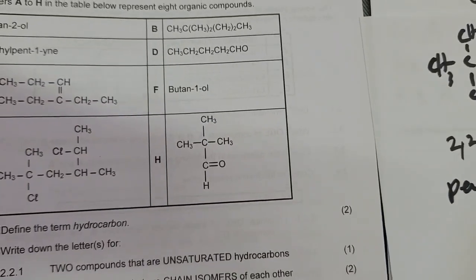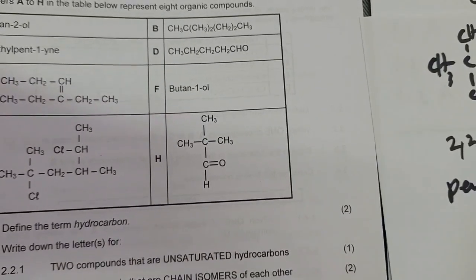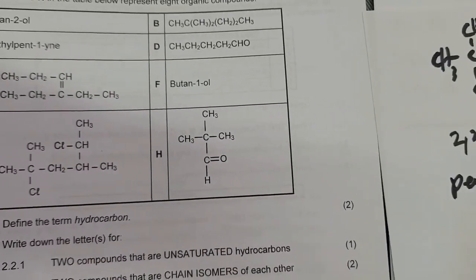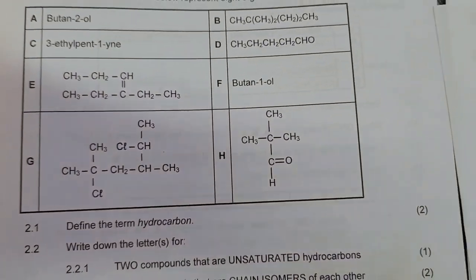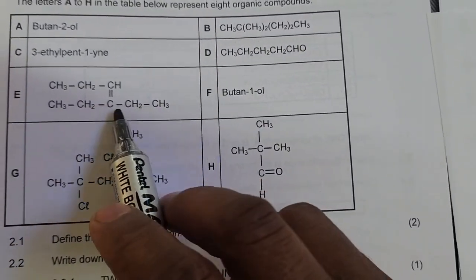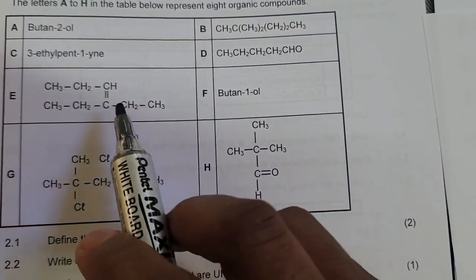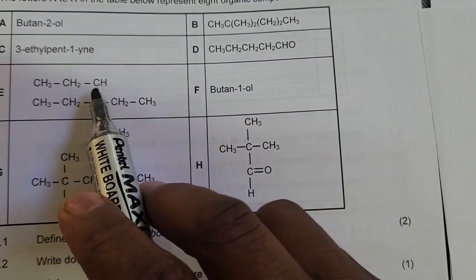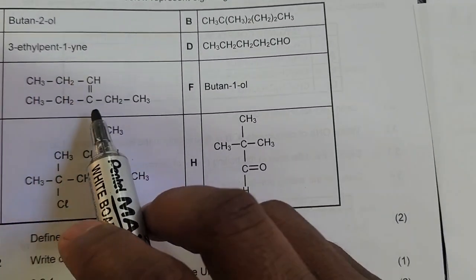E is an alkene, unsaturated. You can look at this to say the longest chain will have 6 carbon atoms. Starting from this side, you'll see that at carbon number 3 you will have an ethyl, because if you start from this side, it is carbon number 4.